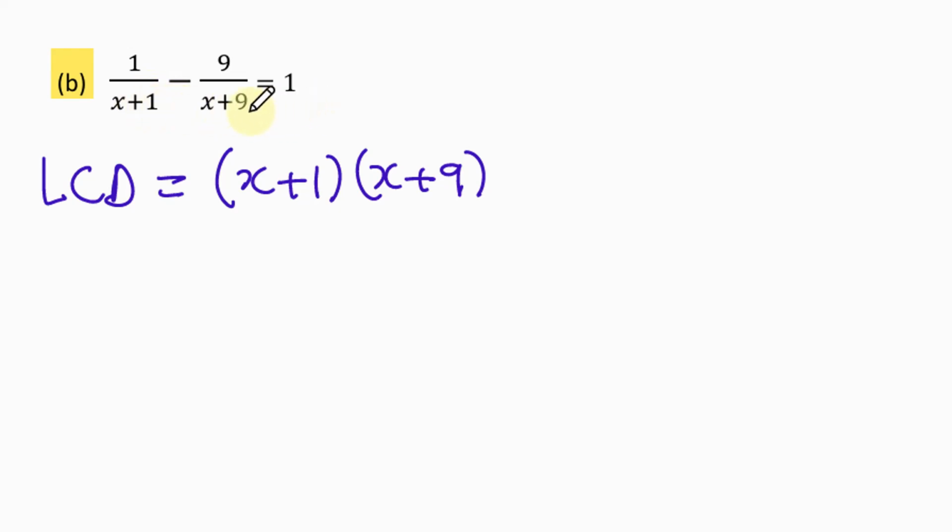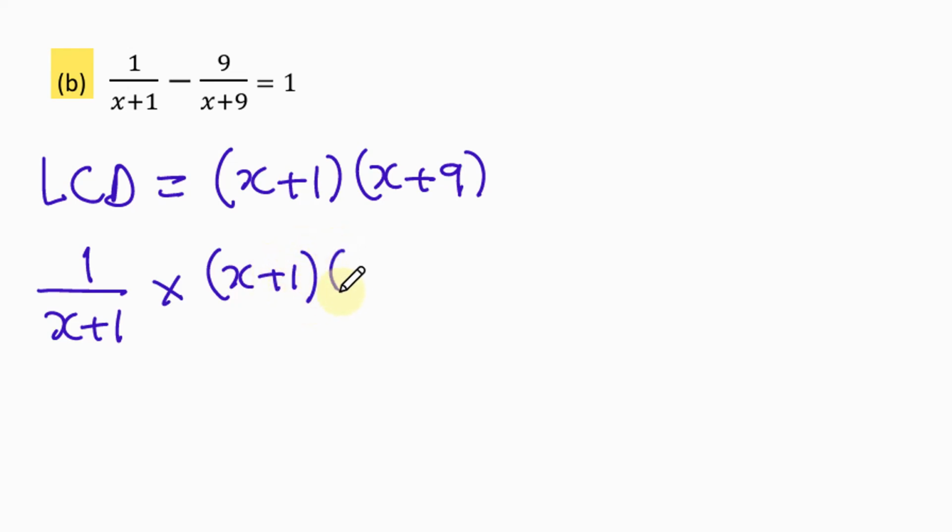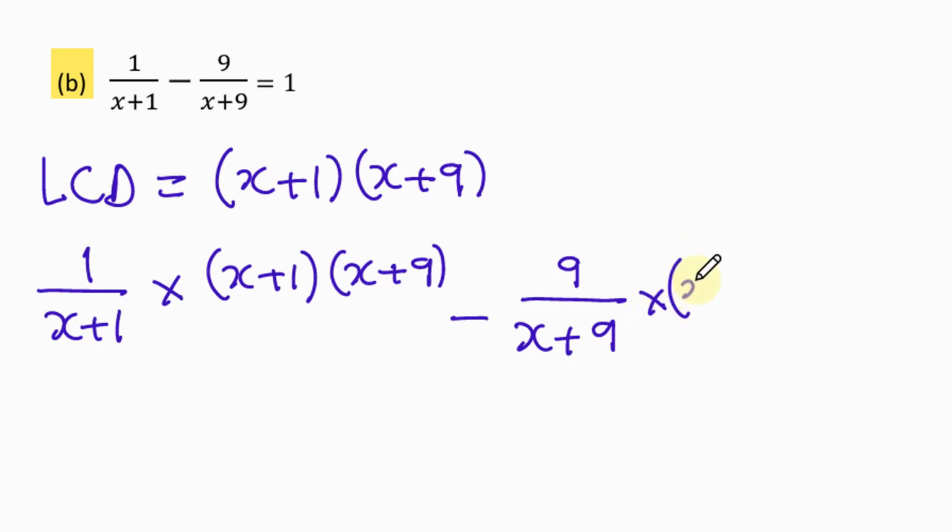Now we multiply each of the terms in the equation by the LCD. And important, we must also multiply the right-hand side by the LCD. So let's see what we'll get.